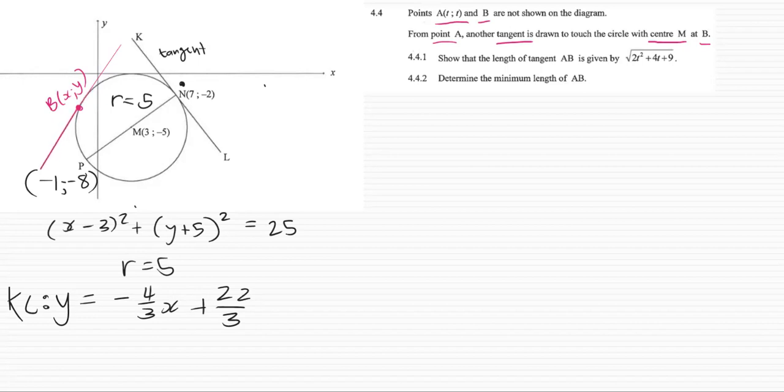This B can be anywhere on the circle. They haven't given any other information. Then it says, show that the length of the tangent AB is given this way.